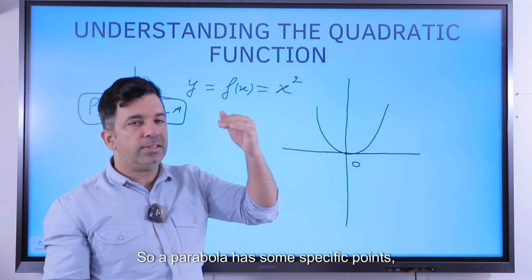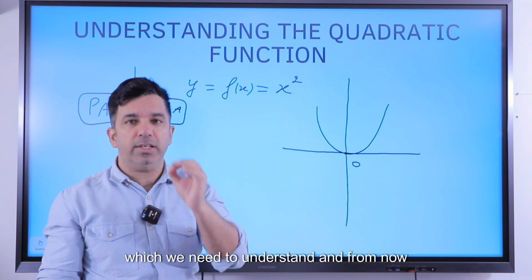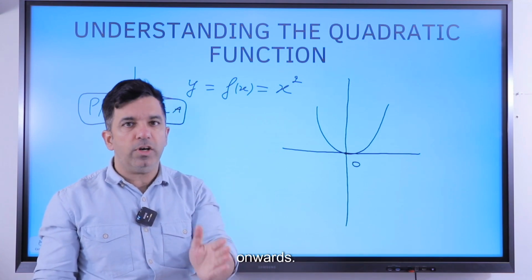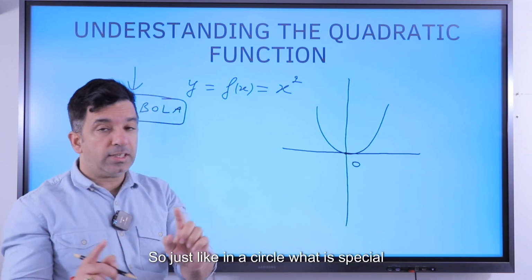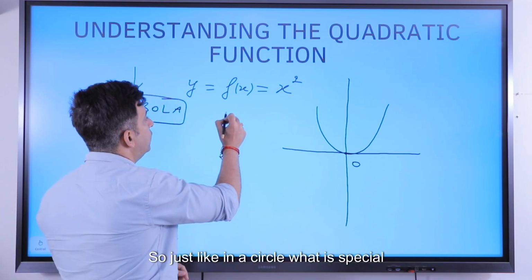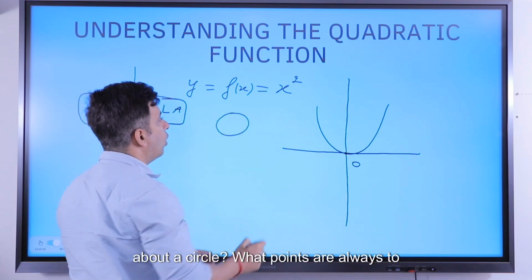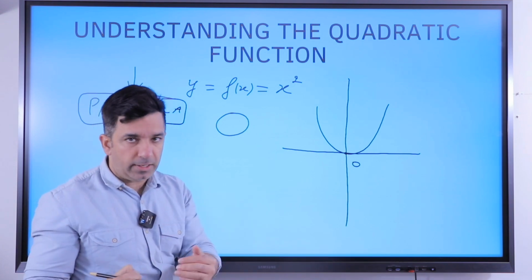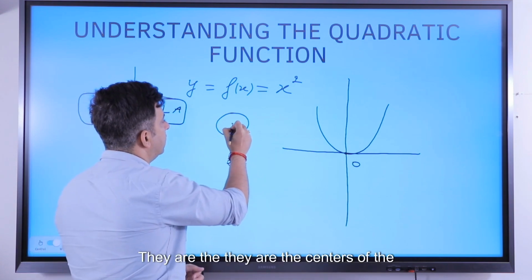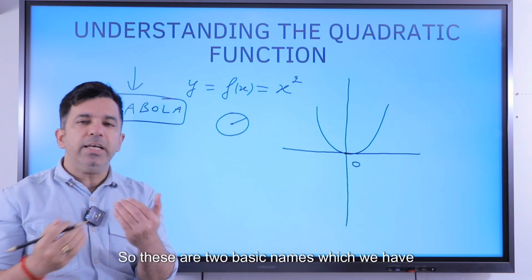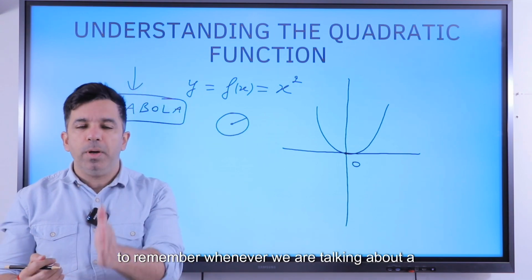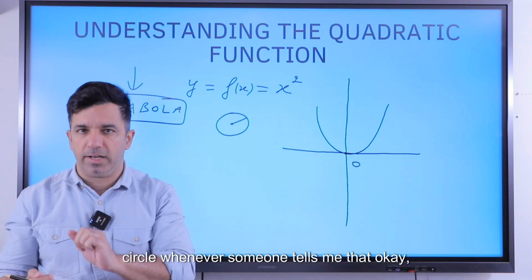A parabola has some specific points which we need to understand, and from now onwards we'll completely recall those very simple names. Just like in a circle, what is special about a circle? What points are always to be recalled while dealing with a circle? They are the center of the circle and its radius. These are two basic names which we have to remember whenever we are talking about a circle.